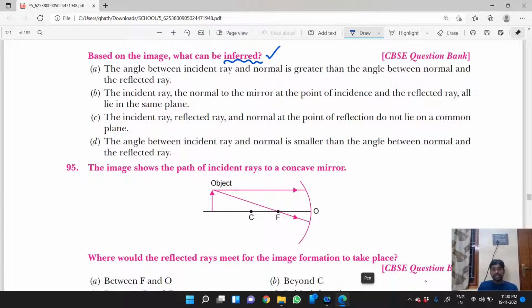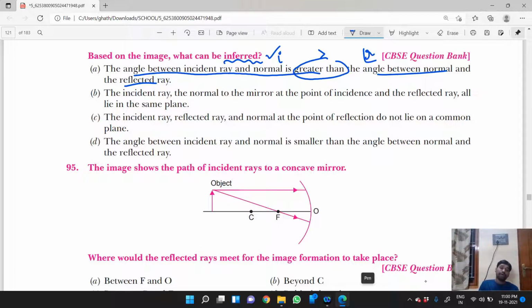Angle between the incident ray and the normal is greater than the angle between normal and reflected ray. Sir, this is nothing but angle of incidence, angle I. Another word they are saying is greater. Then this indicates angle R.